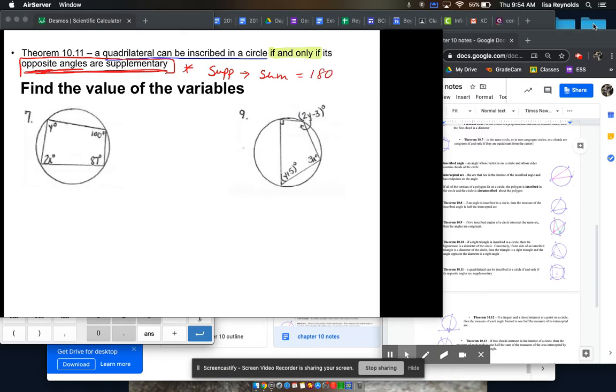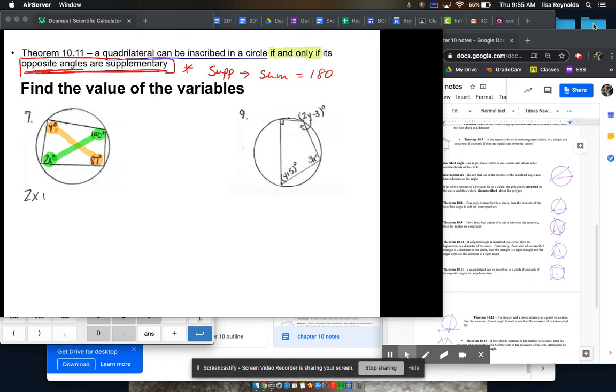So we have to pay attention to our opposites. So our y and 87 are a set of opposites, and our 2x and 100 are a set of opposites. So opposites will be across from each other in the diagonal. So we're going to set up two different problems, one for each set of opposites.